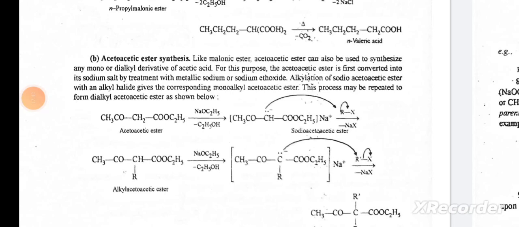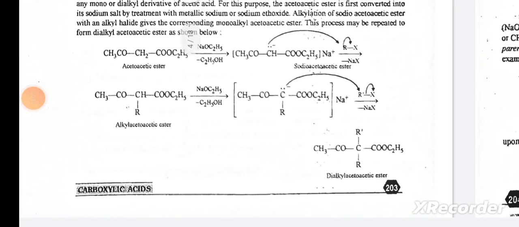Alkylation of sodioacetoacetic ester with an alkyl halide gives the corresponding monoalkyl acetoacetic ester. This process may be repeated to form dialkyl acetoacetic ester as shown below. Acetoacetic ester, sodioacetoacetic ester, alkyl acetoacetic ester, dialkyl acetoacetic ester.